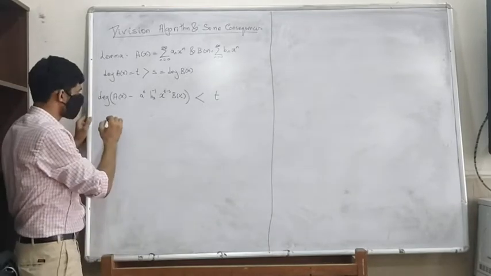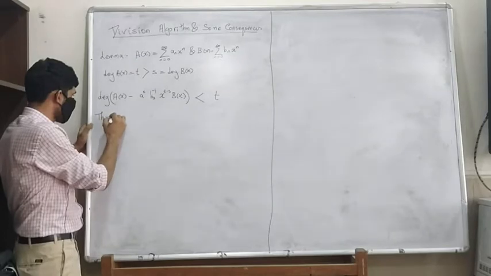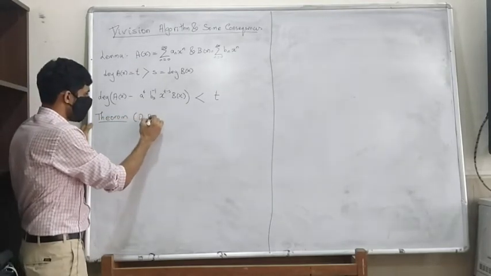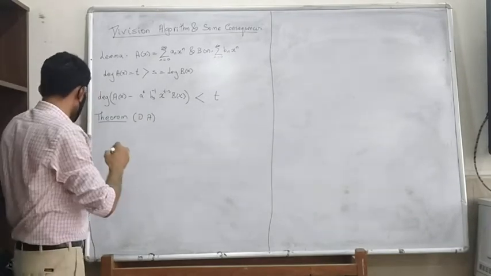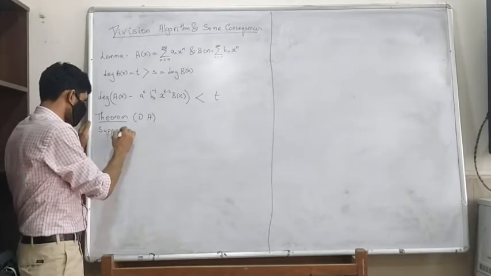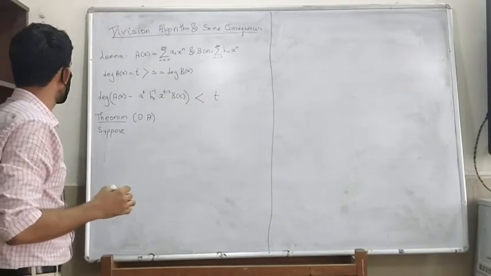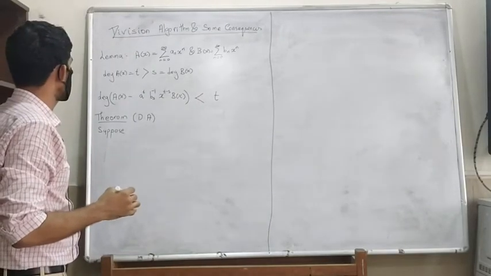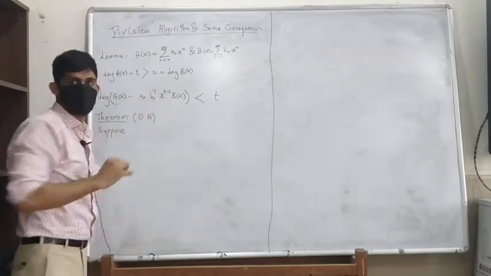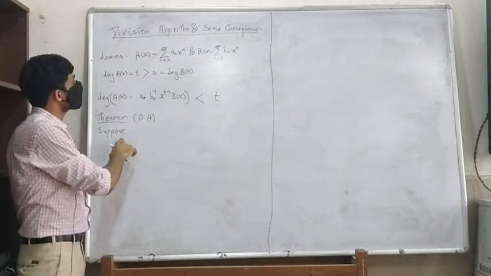So this is your division algorithm in F[x]. Suppose, it is a subscript, that's a mistake, it's not a raised to t, there is no a raised to t.